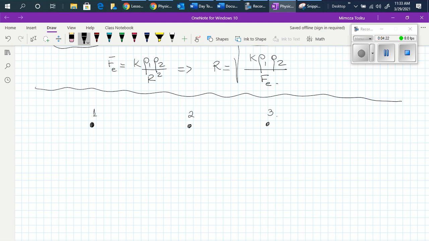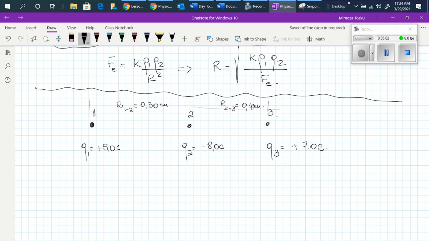Charge 1 is positive 5 coulombs, charge 2 is negative 8 coulombs, and charge 3 is positive 7 coulombs. The distance between 1 and 2 is 0.3 meters, and the distance between 2 and 3 is 0.4 meters.